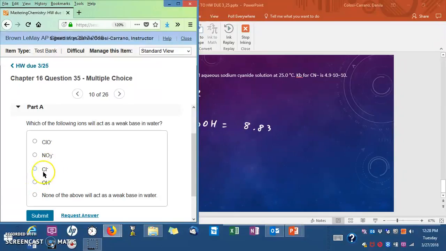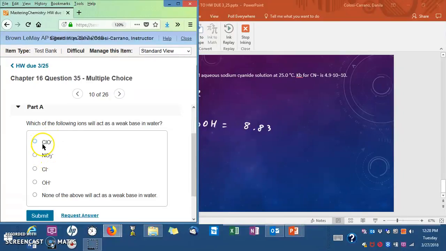So Cl minus will take the H to increase the OH, but this is a strong acid, so it will never happen. NO3 minus might grab the H to release the OH, but again, this is a strong acid.